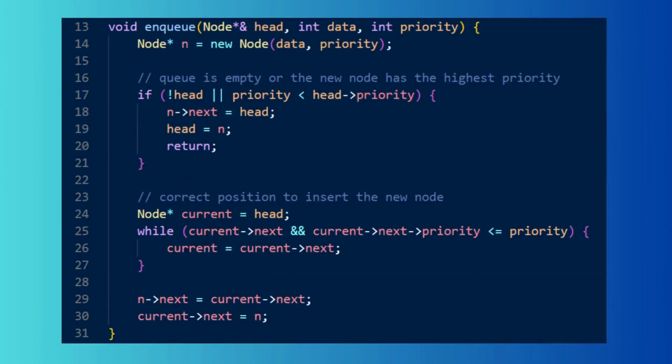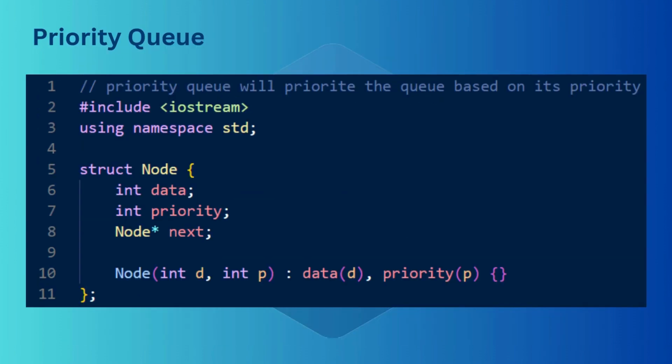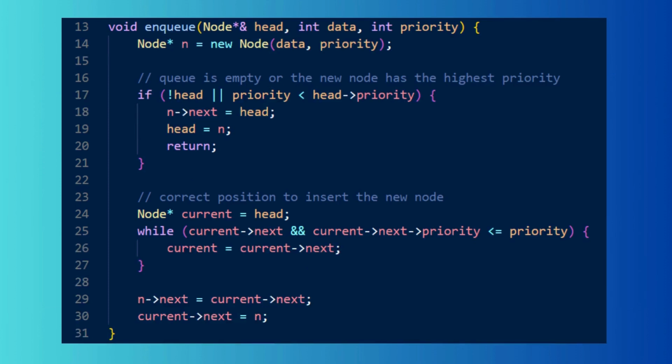After that, I'm creating another method here, enqueue, that will add the element. It will get the address of the head, then the data and priority, and create a new node based on that.